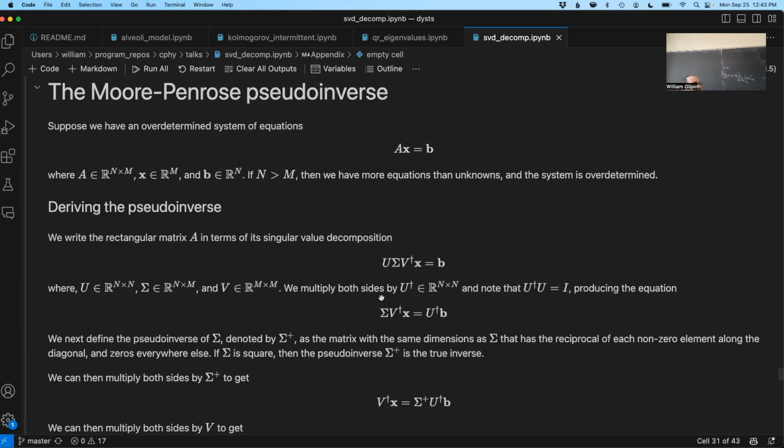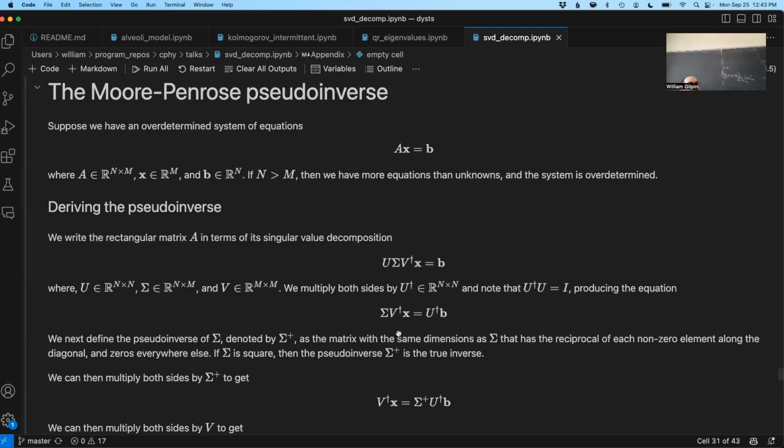Then I'm going to make a really specific assumption. In order to invert my sigma matrix, which you recall is my actual troublesome matrix, the one that has a non-square shape, I'm going to define a new matrix that corresponds to my original singular value matrix with every singular value inverted along the diagonal.